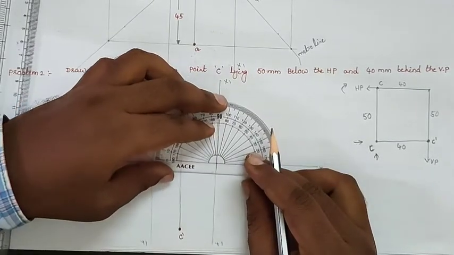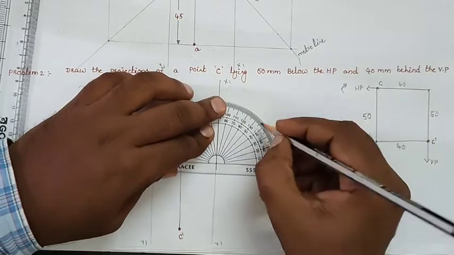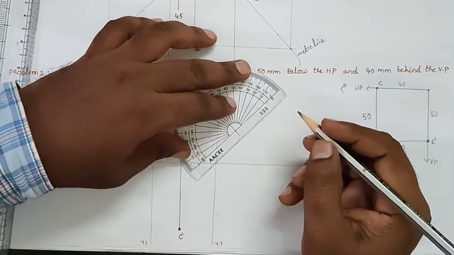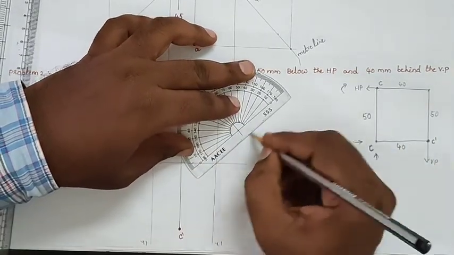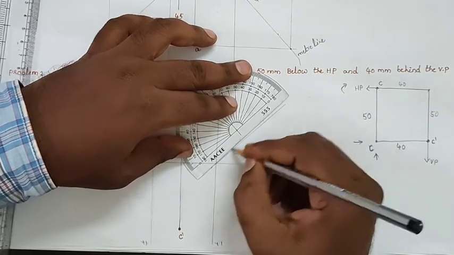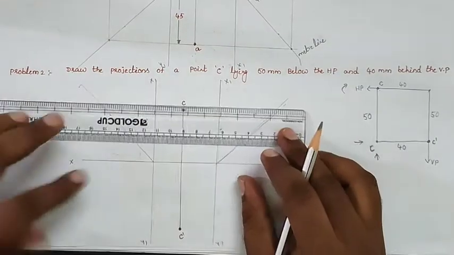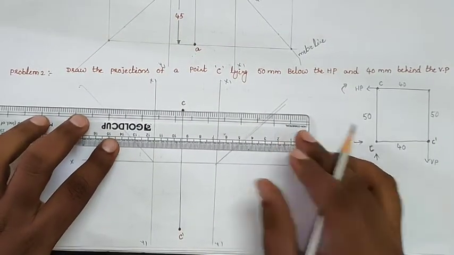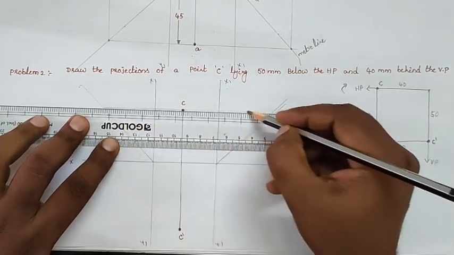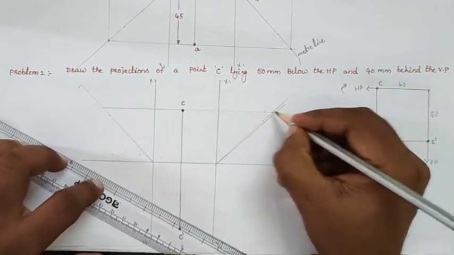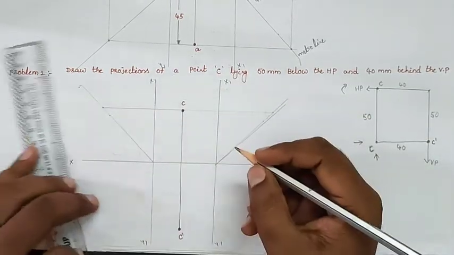Similarly, here also we will draw the miter line. After drawing the miter line from the projections of the top view, we will draw the horizontal projection line. This horizontal projection line will intersect the miter line at one point.